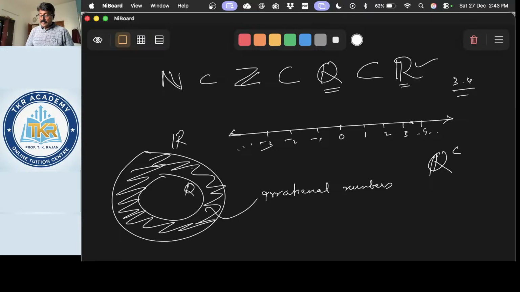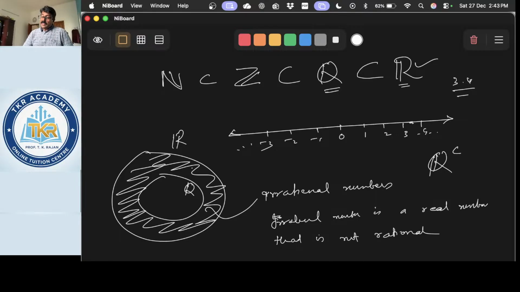So what is an irrational number? An irrational number is a real number that is not rational. This is how we define an irrational number.